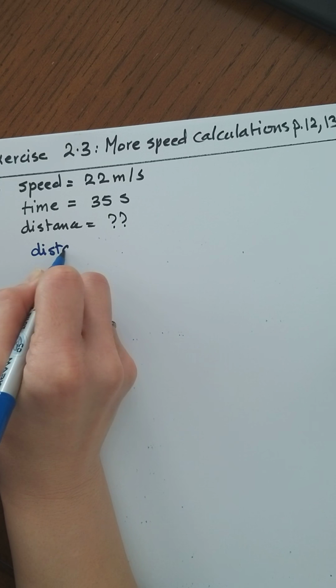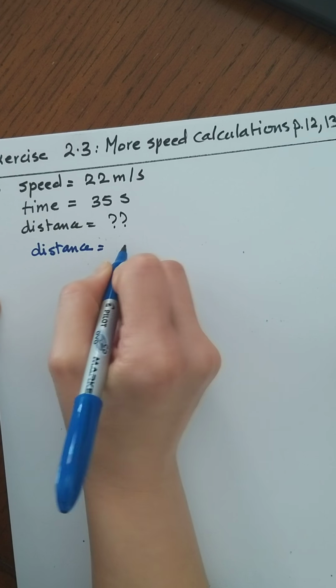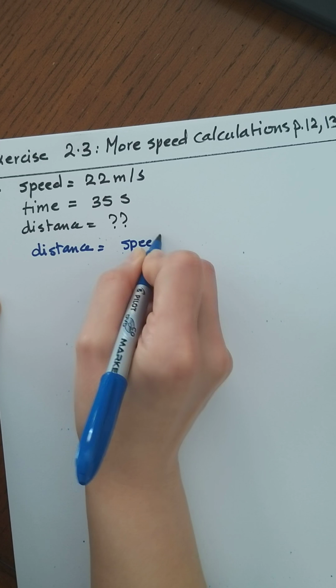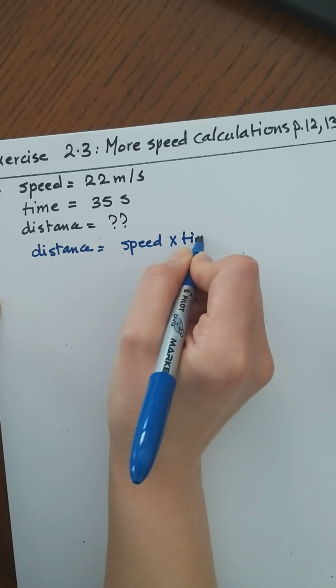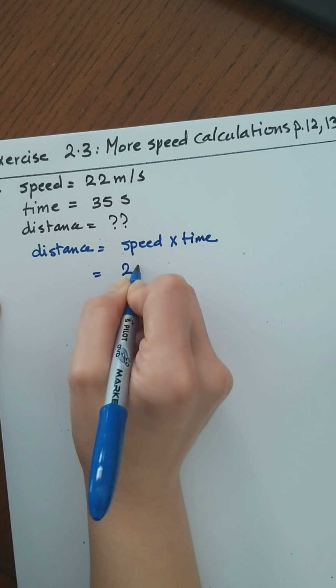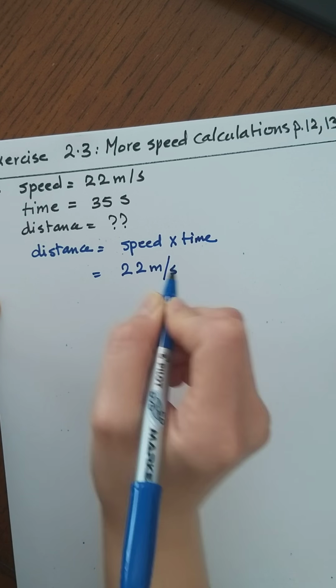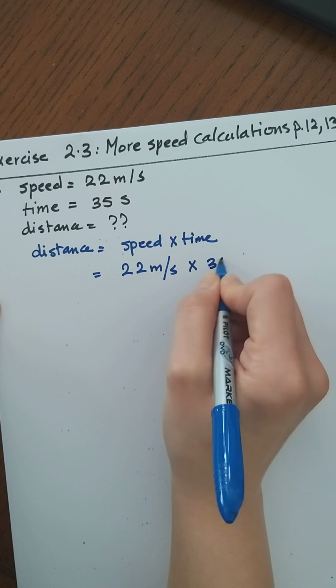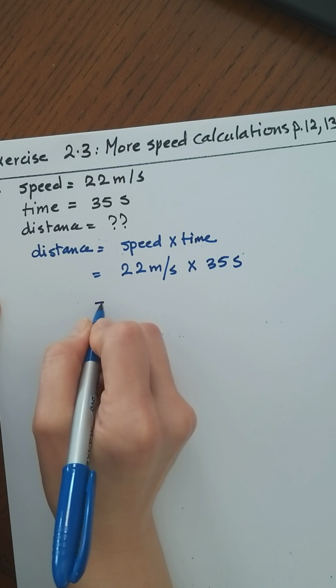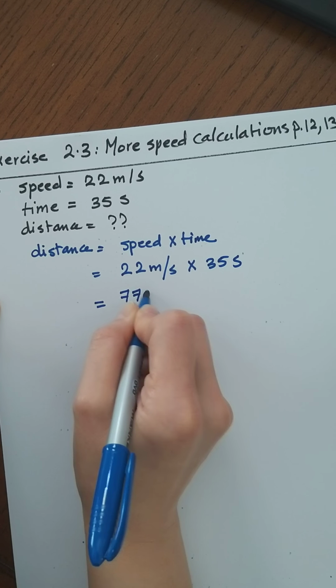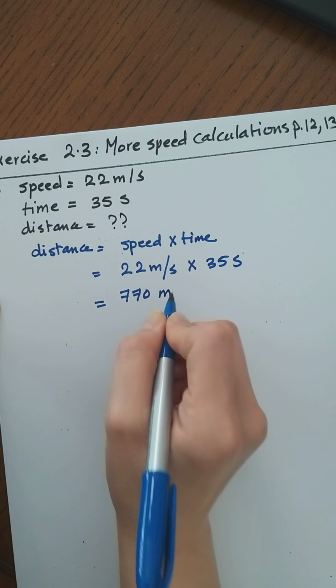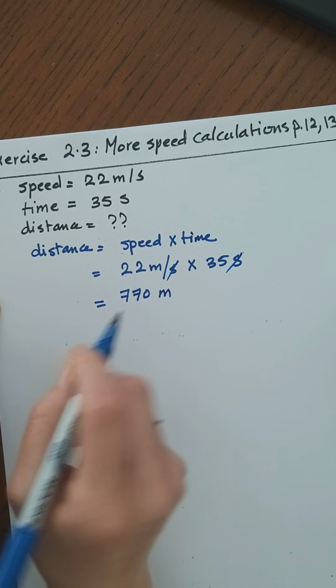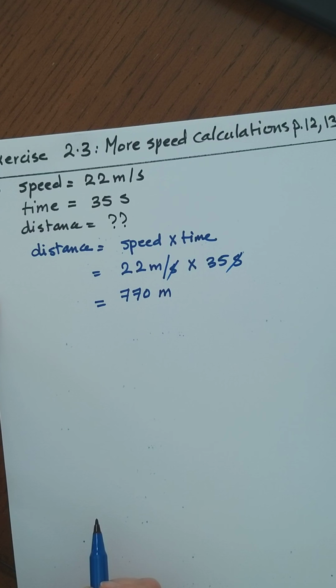Distance equals speed multiplied by time, 22 meters per second, multiply by 35 seconds, and the answer is 770 meters. Eliminate second with second, our remaining distance is in meters.